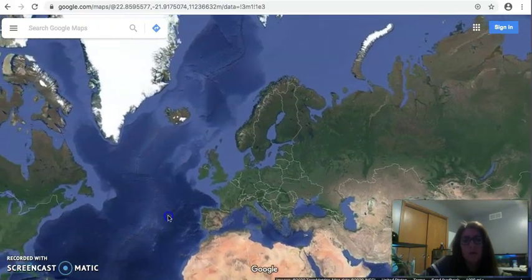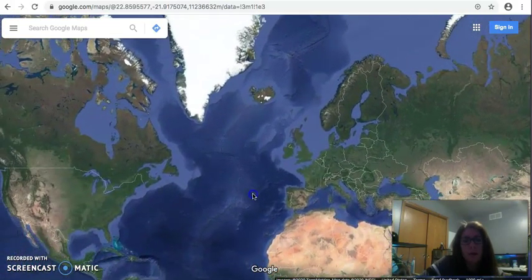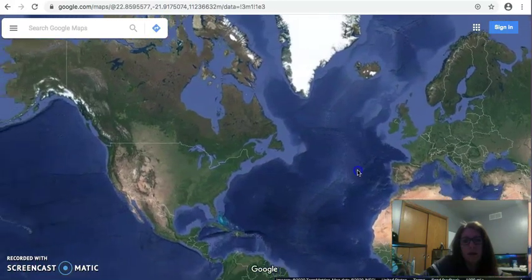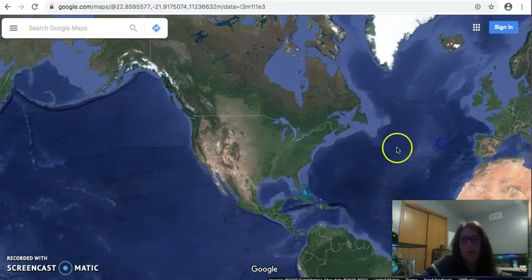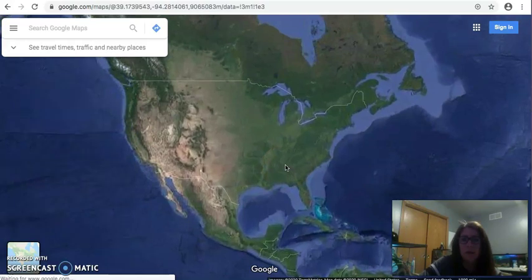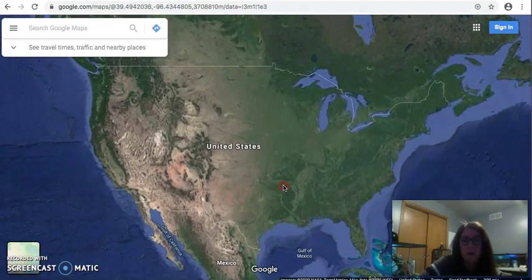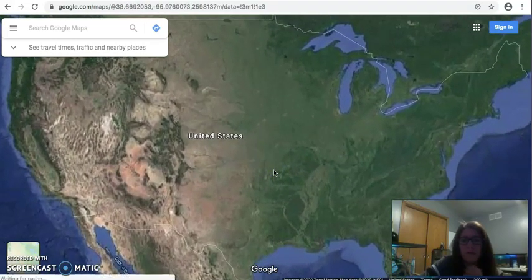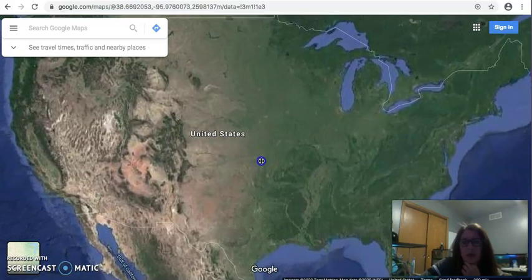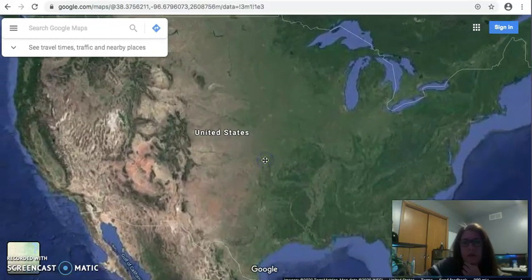So I am going to take us back to the United States, and I'm going to zoom in so we can see that a little bit clearer. And we should have already done some of our observations from this. But the question I want you to think about is, how could the land and water affect people living in those areas?